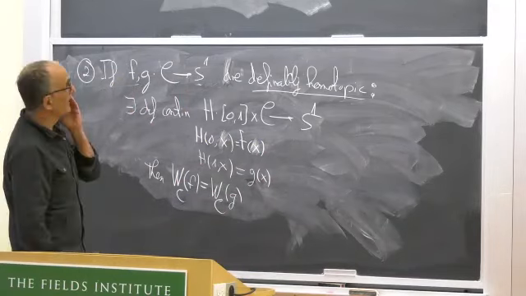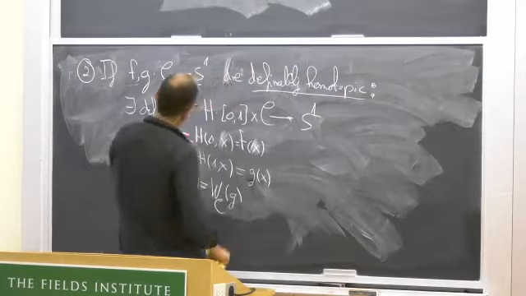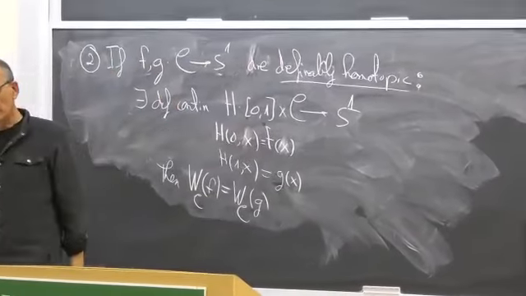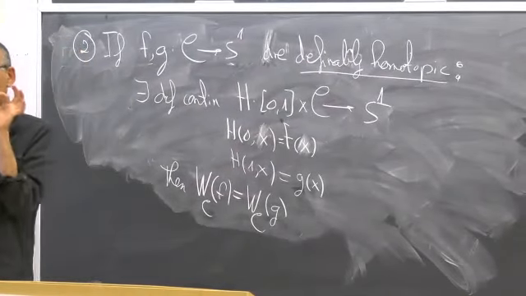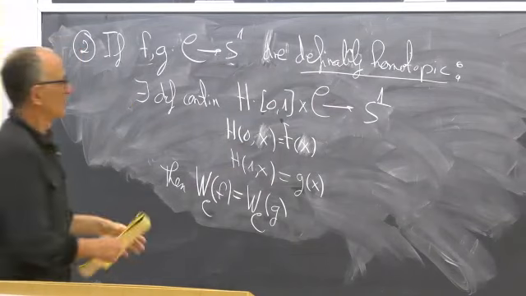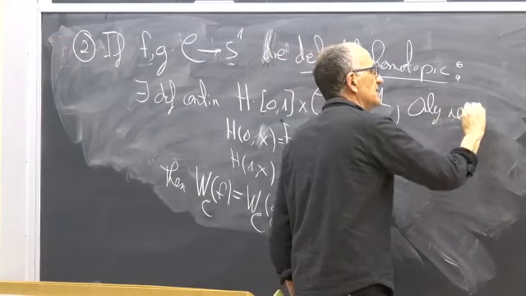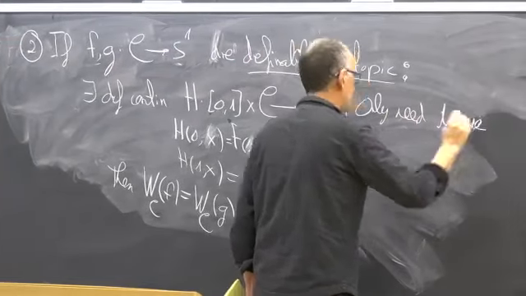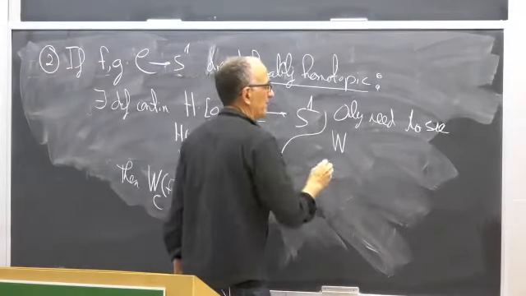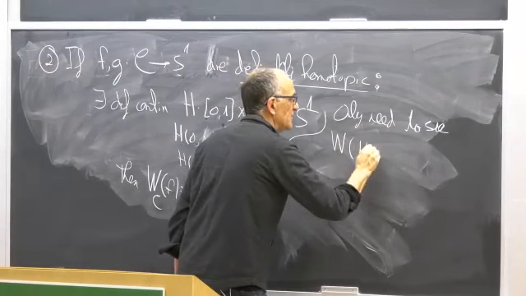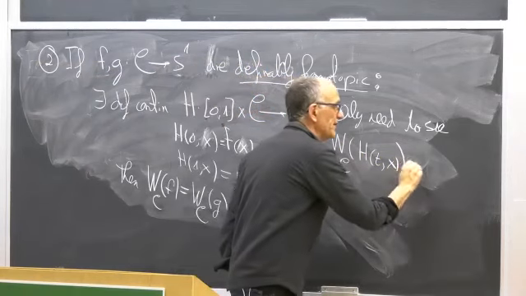And now I will hand wave over that. What is the idea? Well, first of all, let me say that because [0,1] is a definably connected interval, we really just have to show local constancy. So we only need to see that the winding number of H_t(x) over C is locally constant.